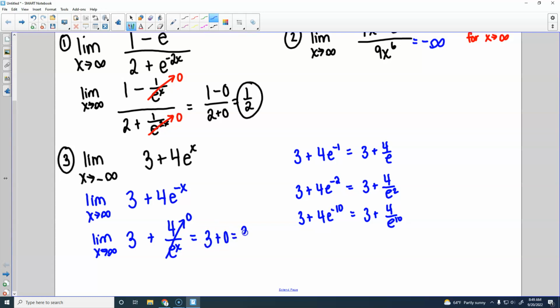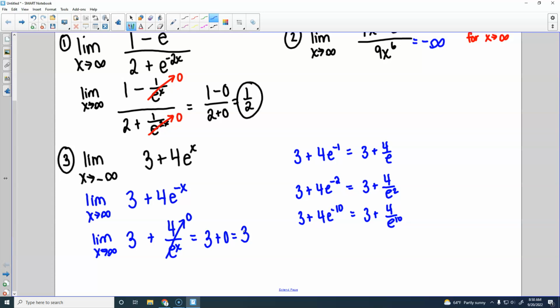It does not have to be 1, no. Any number, because even if it was a gazillion, as x approaches infinity, it would eventually go to 0, because that exponential nature of e to the x just really takes off. So this is what we would get here.